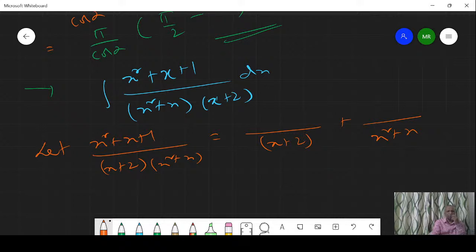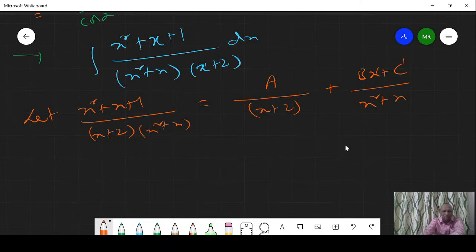Since the denominator is linear, it will be a constant A. Since the denominator is quadratic, it will be linear, bx plus c. So you should find the ABC values. If you find ABC, then it is easy to solve the problem.